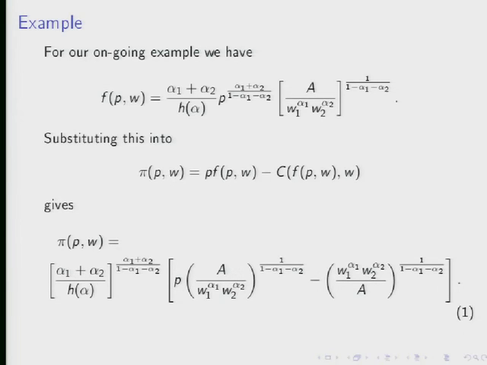And this will be times y raised to the 1 over alpha 1 plus alpha 2. But, of course, y is equal to this. So I'll have p to the alpha 1 plus alpha 2 over 1 minus alpha 1 minus alpha 2, times h of w, alpha, this, all raised to the 1 over alpha 1 plus alpha 2. And am I done with the cost function? I think I am. Yes.